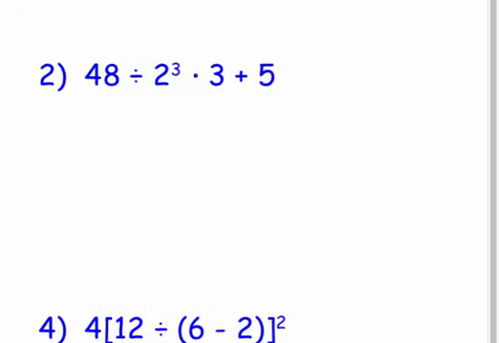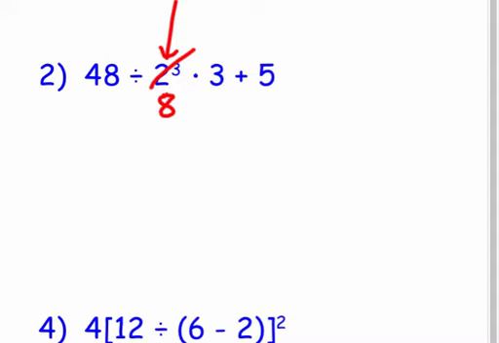Okay, next one, number 2. Just follow your PEMDAS. Start with parentheses. Looking at number 2, no parentheses. Exponents. Do I have any exponents? Yeah, right here. So 2 to the 3rd power, I can replace with 2 times 2 times 2, which gives me 8. I don't have to rewrite the whole problem, I can just replace that with 8. Now, done with exponents, multiplying and dividing, working left to right.